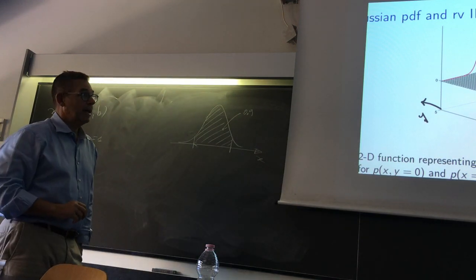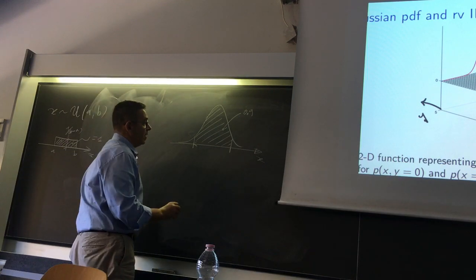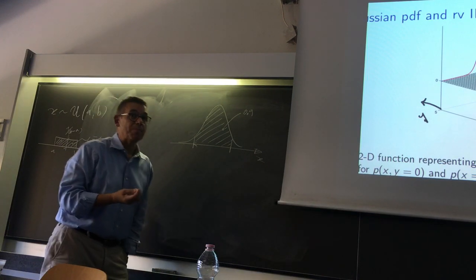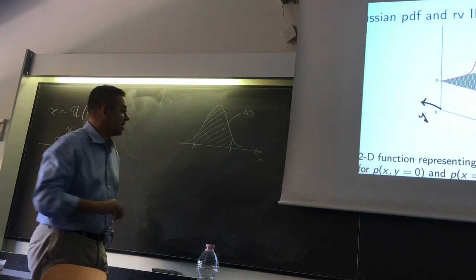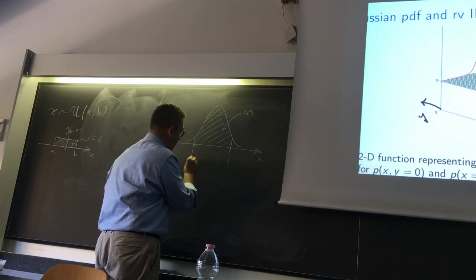This area is telling me the probability that the randomly chosen point belongs to this interval.